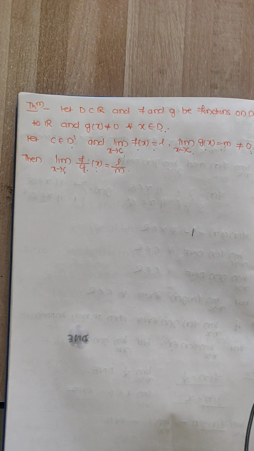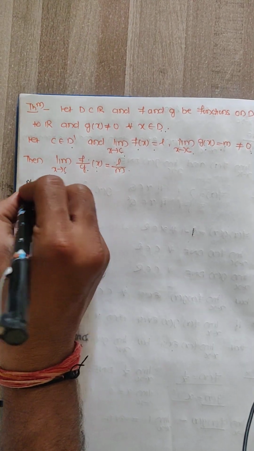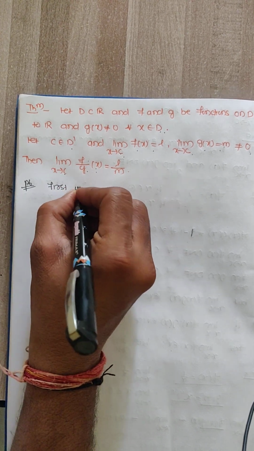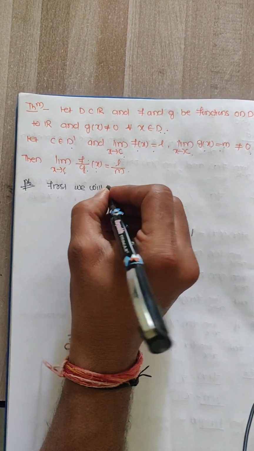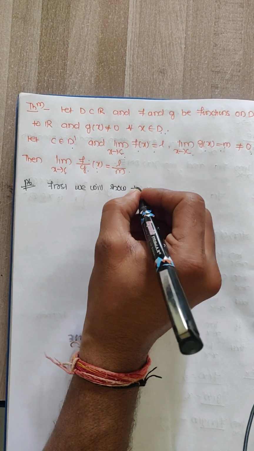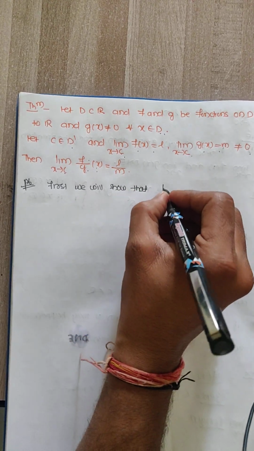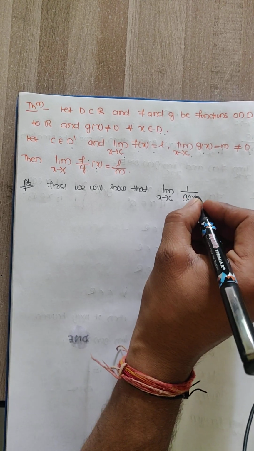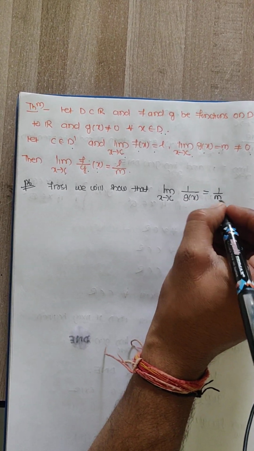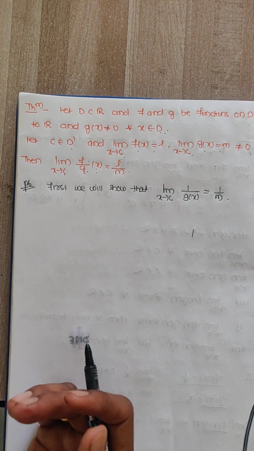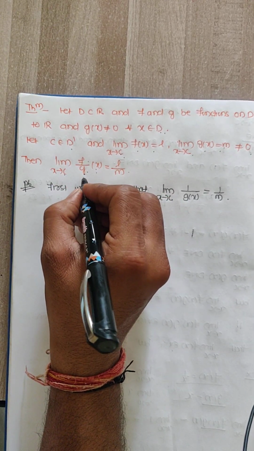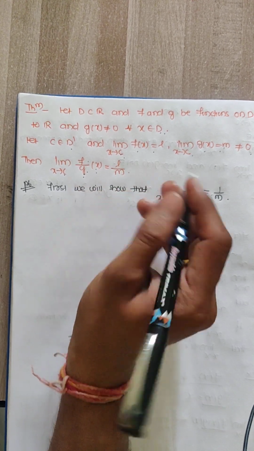To prove this one, first of all we will show that the limit as x tends to c of 1 by g(x) is nothing but 1 by m, and then we'll use the product rule to show that f(x) into 1 by g(x) is equal to L by m.